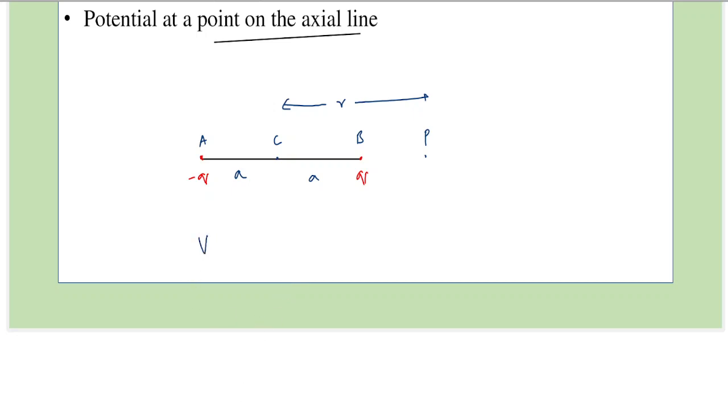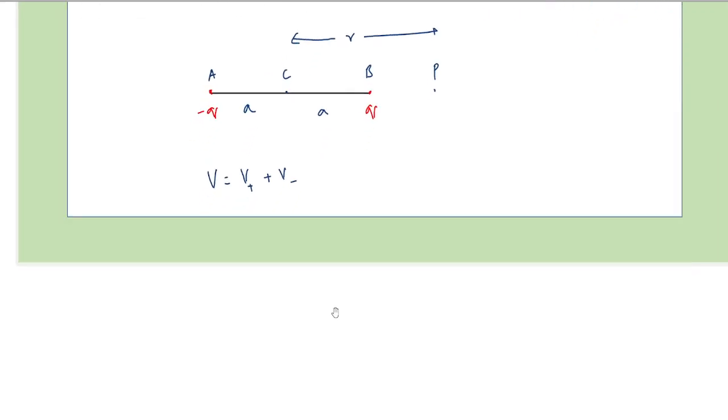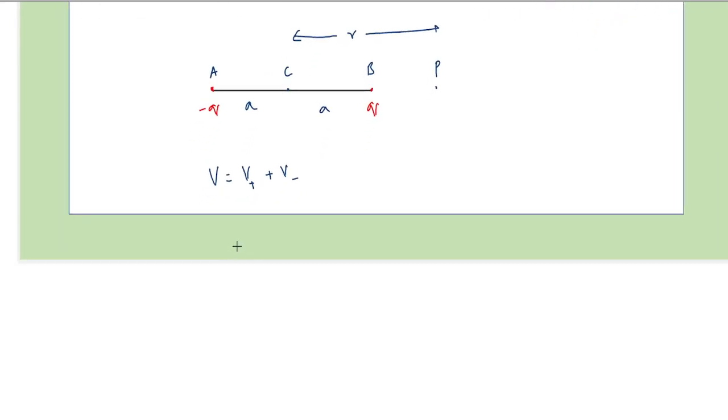Therefore, the net potential would be the potential because of the positive charge and the potential because of the negative charge, and we add them by normal addition because potential is a scalar quantity. Also, we know that the potential is given by kq by r, where k is equal to 1 by 4 pi epsilon naught. So that in mind, let's find what is the net potential.